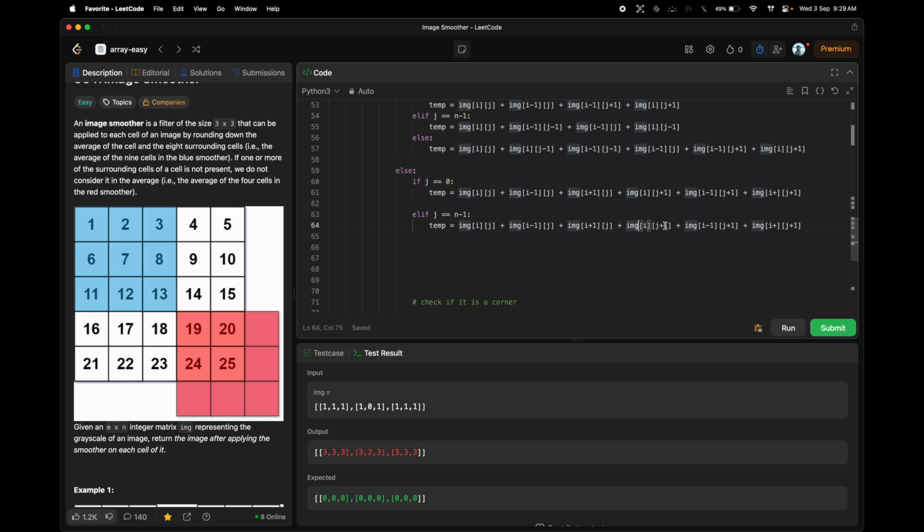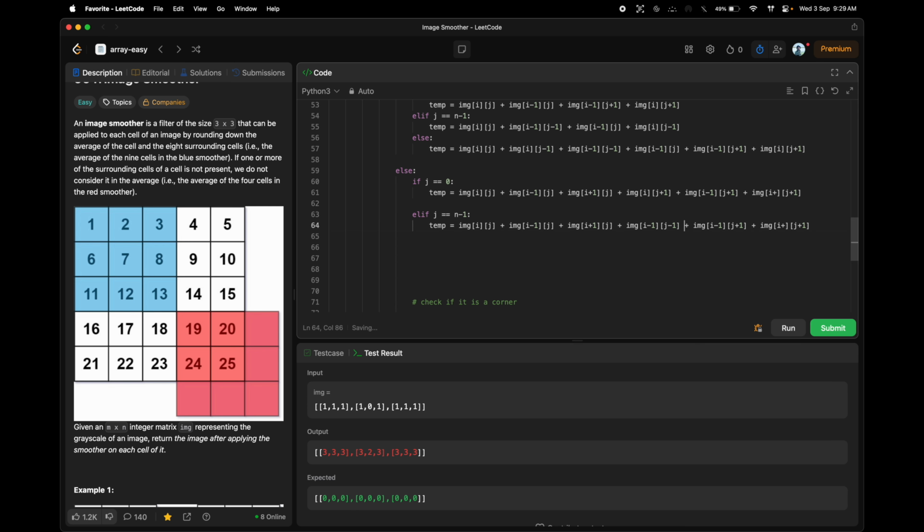Yeah, the left and right would be, so instead of I minus 1, j minus I minus 1. Let's say I'm on this cell, I'm here, I minus 1, j minus 1.